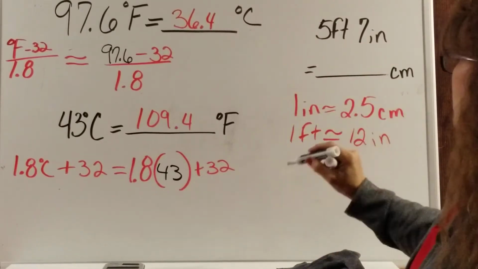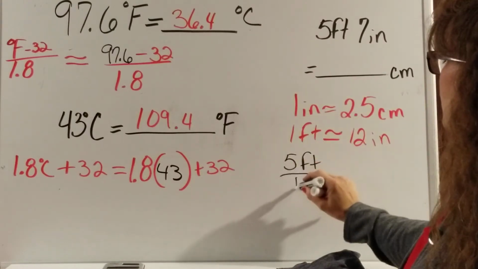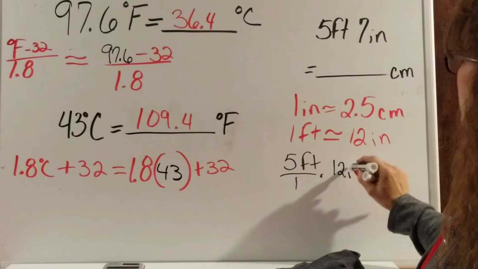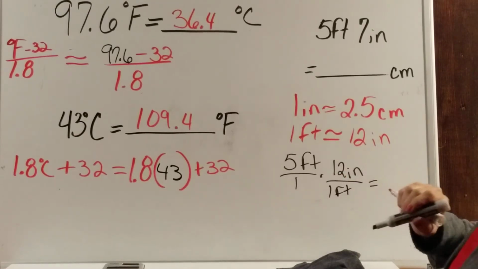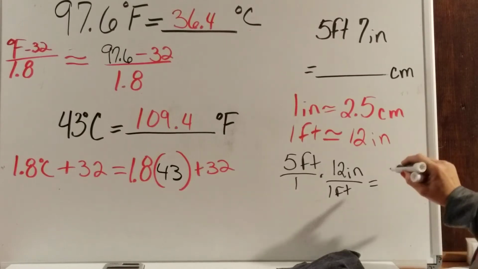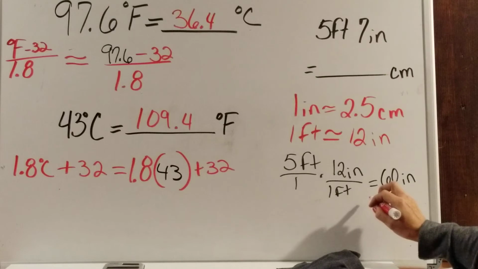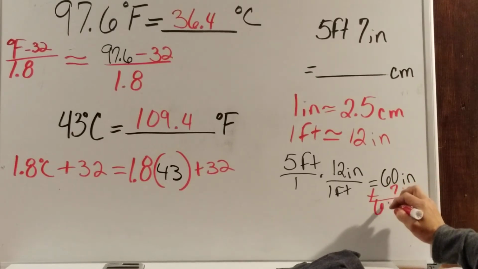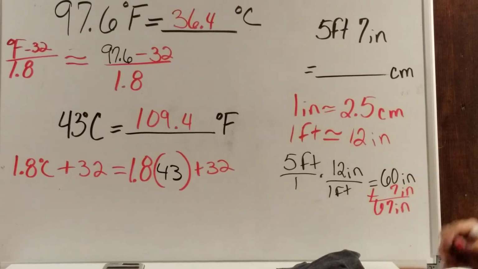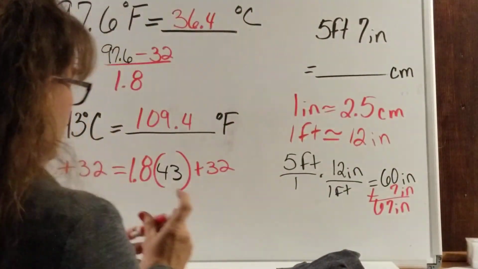We have 5 feet divided by 1 times my 12 inches over 1 foot. Well, that is what? 60 inches. Let's add that 7 inches to the 60. And we know that's 67 inches. So now we have this written in a format that we need.